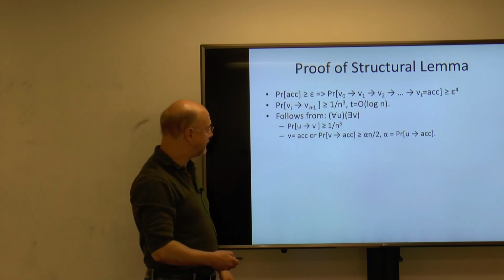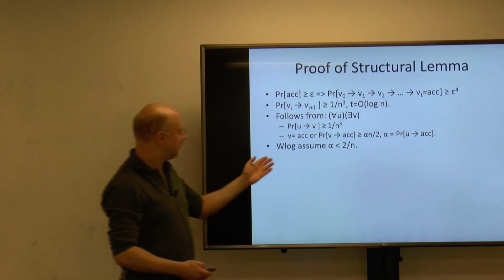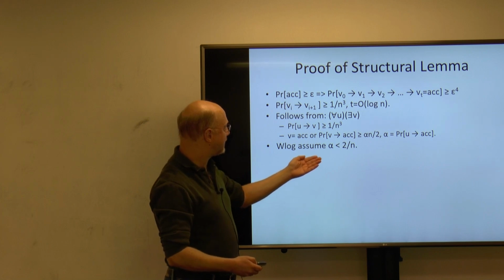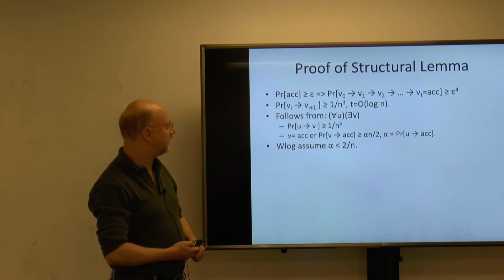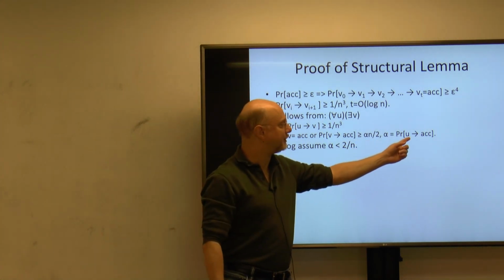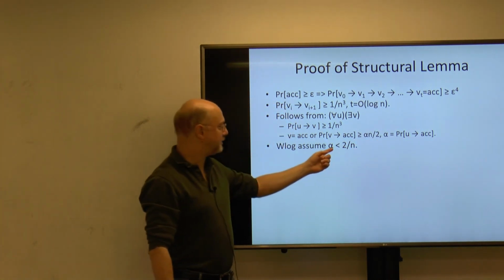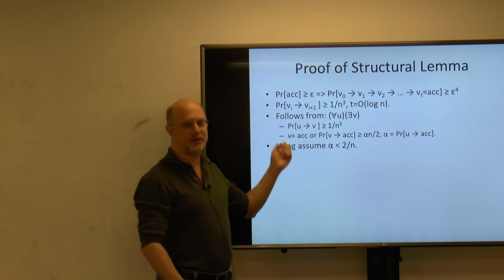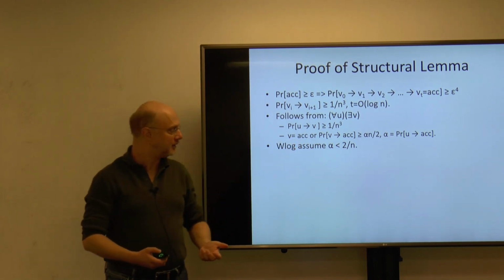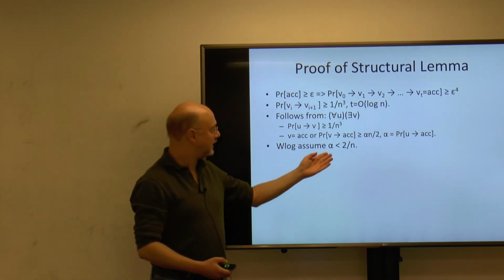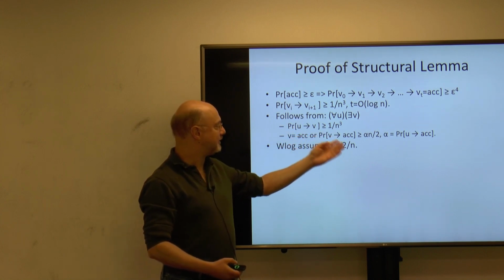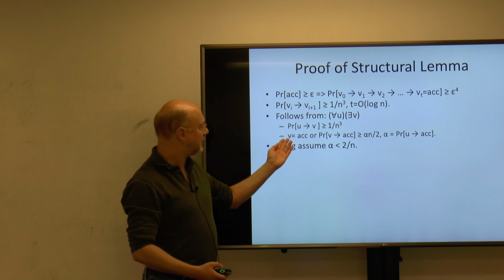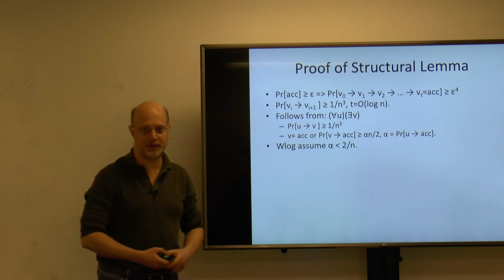How are we going to prove this? Without loss of generality, assume that alpha is less than 2 over n, where alpha is the acceptance probability from U. Because if it's at least 2 over n, we can just choose V to be the accept node, then we reach the accept node with probability 2 over n, and it satisfies these conditions.